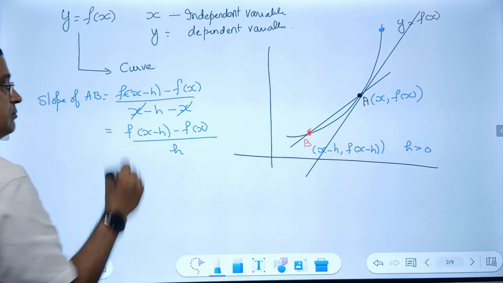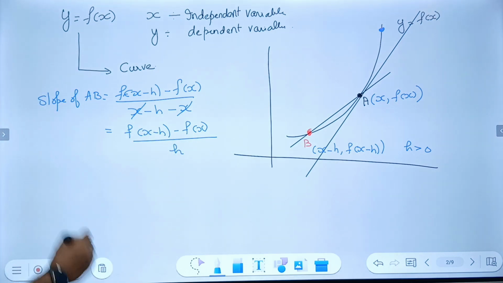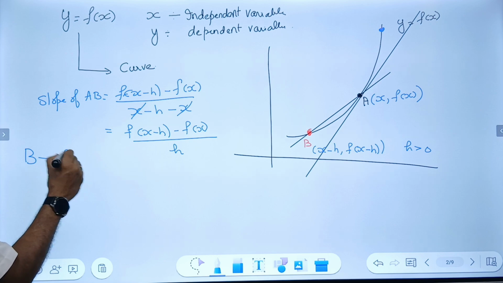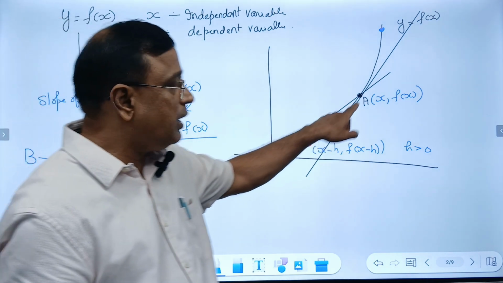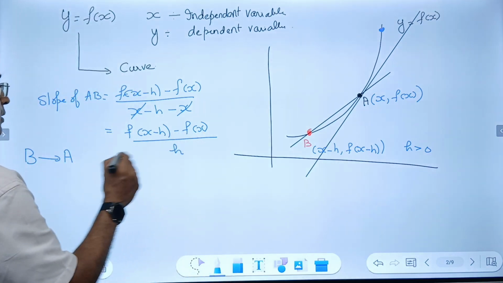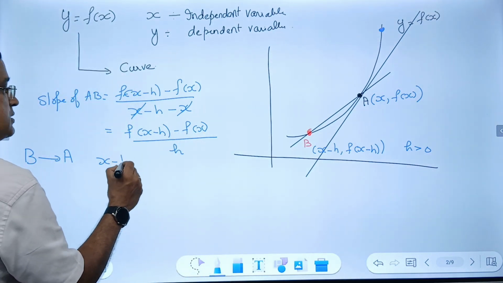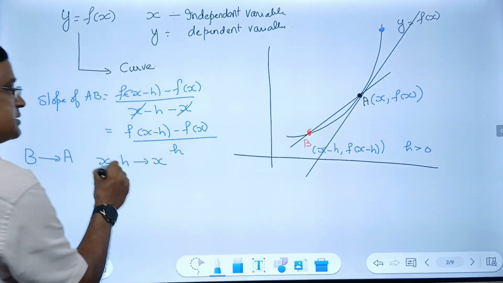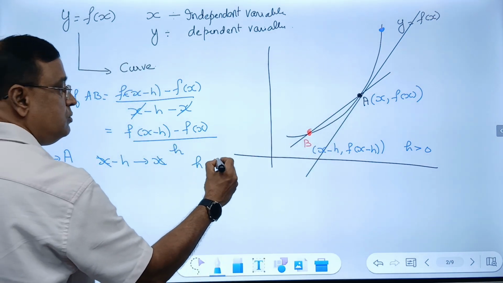Now I allow B to approach A. So B is coming to A along the curve. When B approaches A, clearly x minus h approaches x. That means h will approach 0.